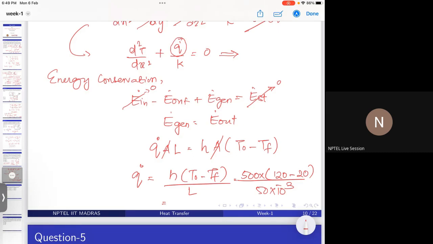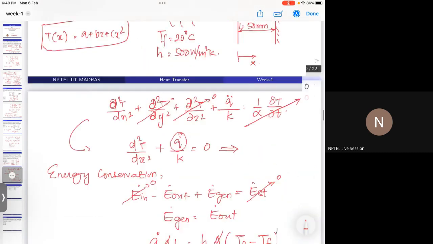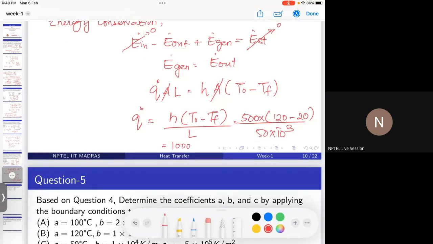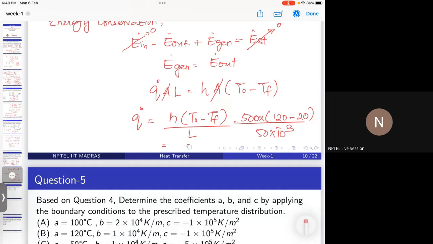So 1000 kilowatt per meter cube, 1 megawatt. So you can say 1 megawatt per meter cube. Yeah, 1000 kilowatt, or we can say 1 megawatt per meter cube. I hope everybody got this answer.